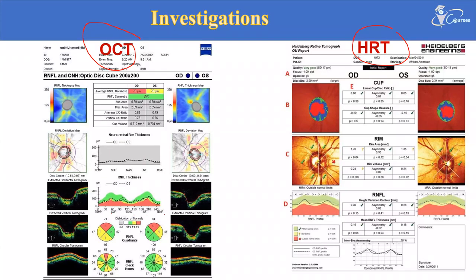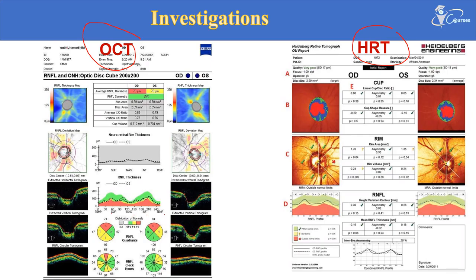So the question here is which one should we use, the OCT or the visual field? Both are important. The OCT is an anatomical representation of the retinal nerve fiber layer, while the visual field is a functional representation. However, each carries more significance in a certain stage of the disease.